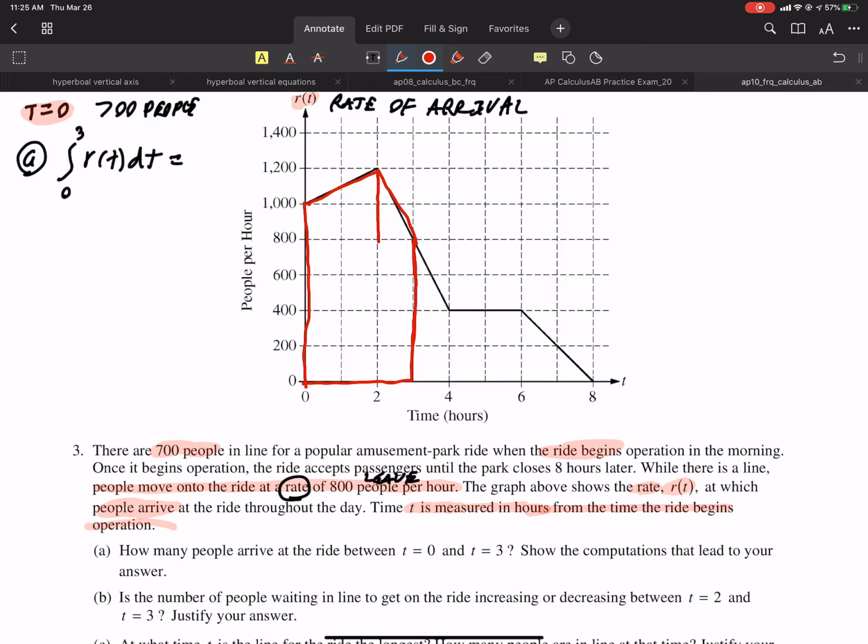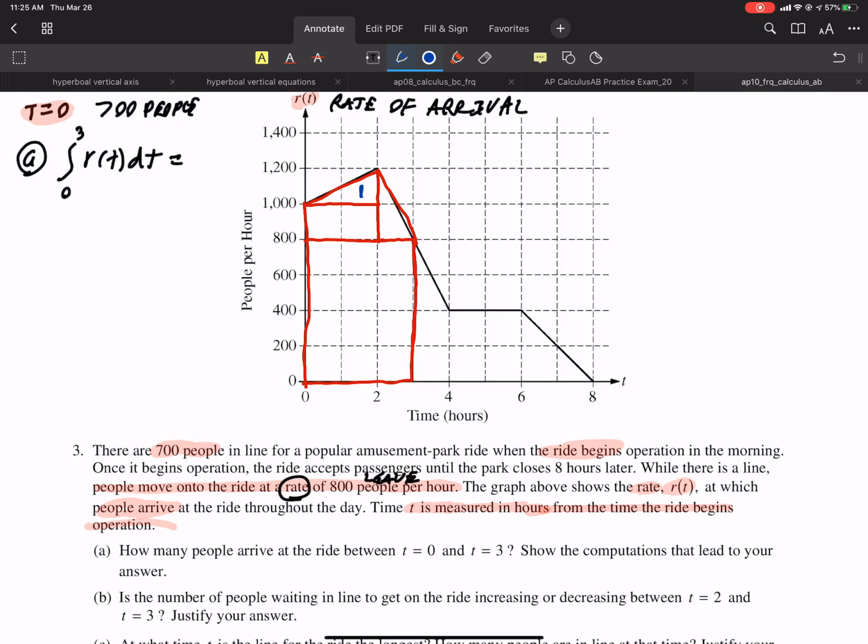I'm going to do that triangle, and that triangle, and that rectangle, and then the big rectangle. So a little side work here. I'm going to call this area 1.